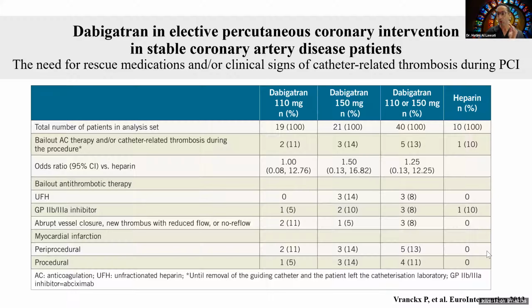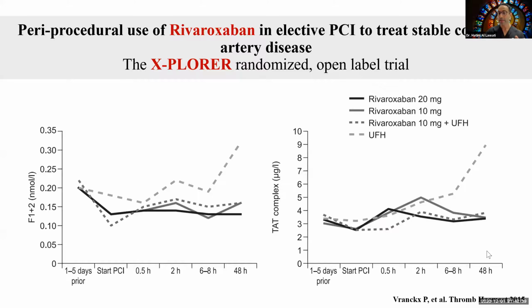So that's as far as the oral direct thrombin inhibitors are concerned. Does the same apply to the factor Xa inhibitors, so the rivaroxaban, apixaban, and edoxaban? I couldn't find much evidence on apixaban and edoxaban, but this Explorer randomized open label trial was done on patients who were treated with rivaroxaban, mostly for atrial fibrillation, and who had stable coronary artery disease, and patients who had relatively simple lesions.